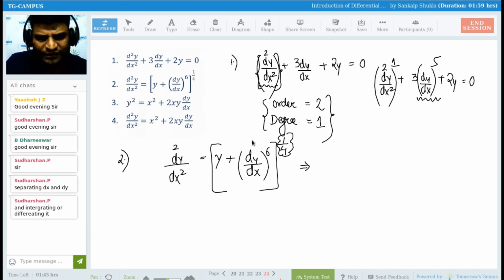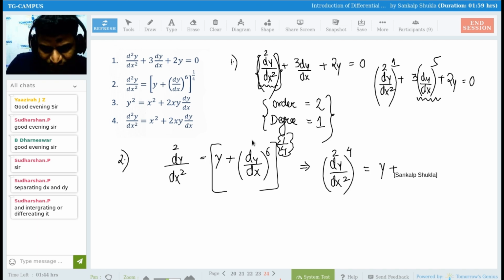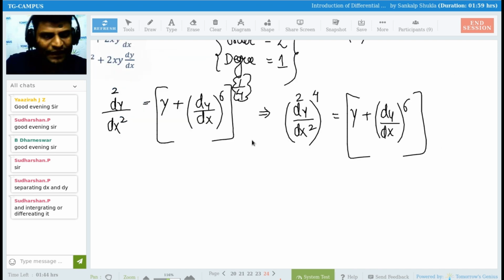Okay? So we can take the power 4 on both sides. So this will become d2y by dx2 whole power 4 equal to y plus dy by dx raised to the power 6. Okay, this is the question. So now any fractional power is not present, because we have removed that.